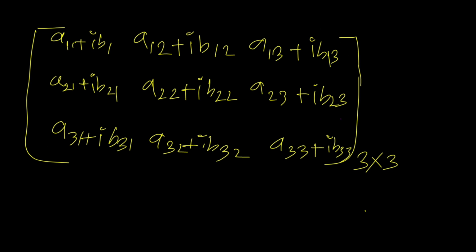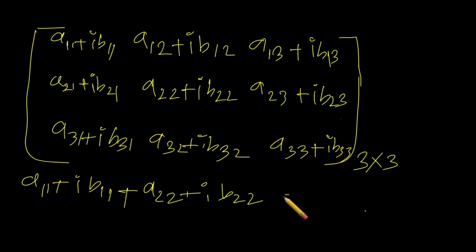Then we sum A11 plus iB11 plus A22 plus iB22 plus A33 plus iB33 equal to 0.